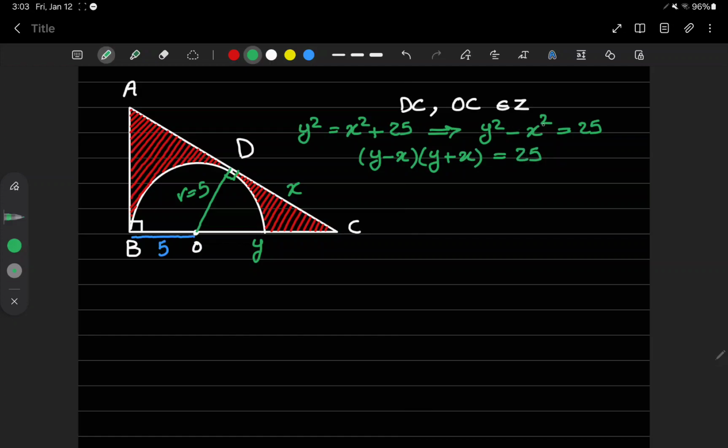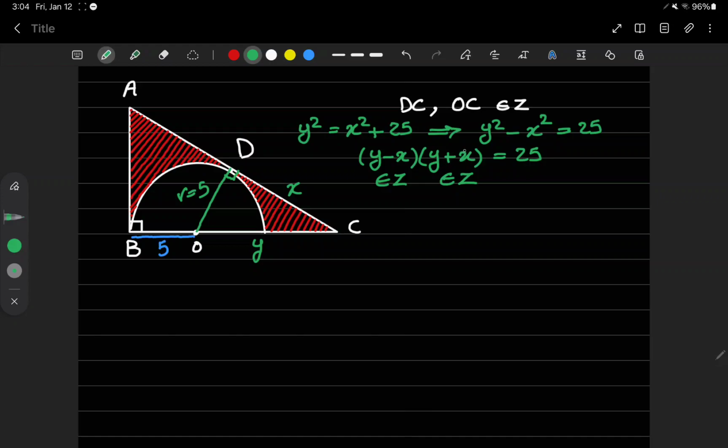So Y squared minus X squared, I can expand it this way: Y minus X times Y plus X equal to 25. Now, because DC, which is our X, and OC, which is our Y, belong to Z, Y minus X belongs to Z, and Y plus X belongs to Z.